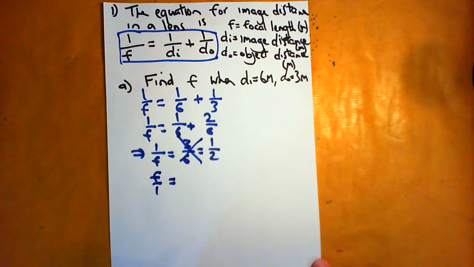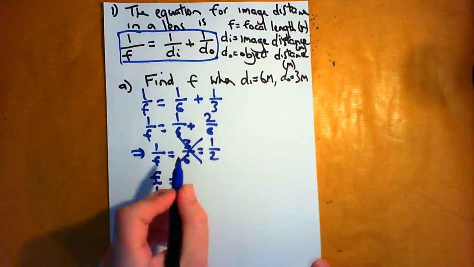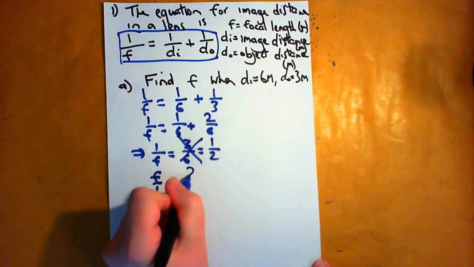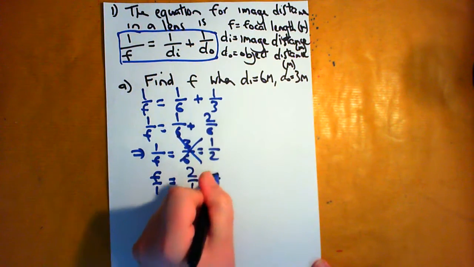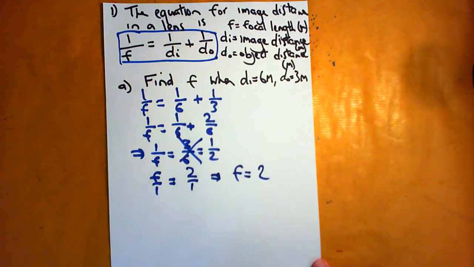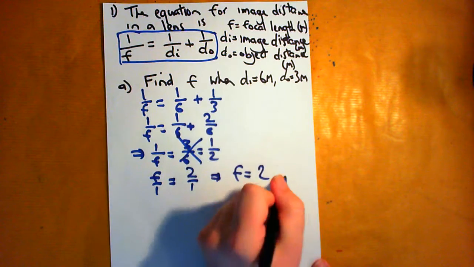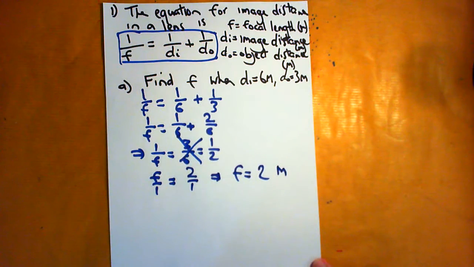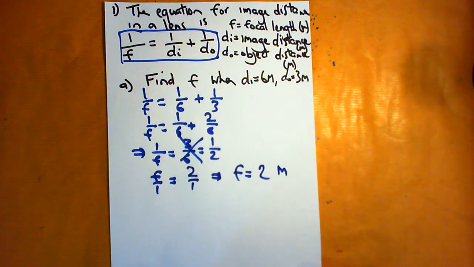That was just the unsimplified version. What we've got at the moment is the equation 1 over f equals 1 over 2. So we're flipping both sides, and we get f over 1 equals 2 over 1. So therefore f equals 2. Focal length is 2 meters when the image distance is 6 meters and the object distance is 3 meters.